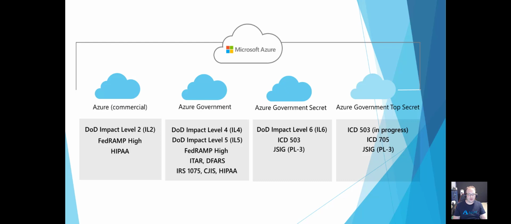Azure Government applies to governments of any levels, from state and local government to federal agency, including the Department of Defense. As the government environment tier raises, i.e. from Azure Government to Azure Government Top Secret, there's an increase in security by default, up to full IRS 1075 and NIST 800 compliance.